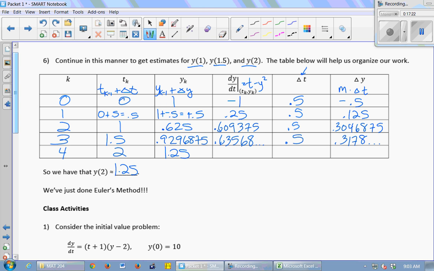If you have some idea like, I need the value of y of 2 to be accurate to 6 decimal places, there is a way to figure out what your delta t has to be to give you that. We haven't talked about that, but you can be as accurate as you want. As delta t goes to 0, error goes to 0, and you approach the exact solution.